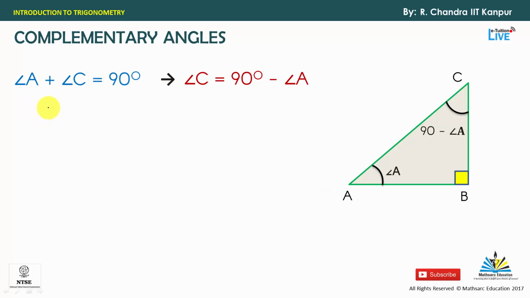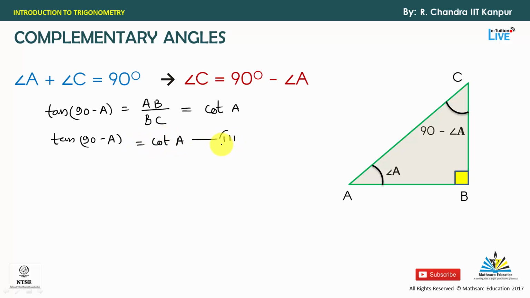If we have tan of 90 minus A, with respect to this we will have AB upon BC. With respect to this angle A, AB becomes base and BC is the perpendicular. So this is equal to cot of A. Hence we have the formula tan 90 minus A is equal to cot A. This is formula number 3.